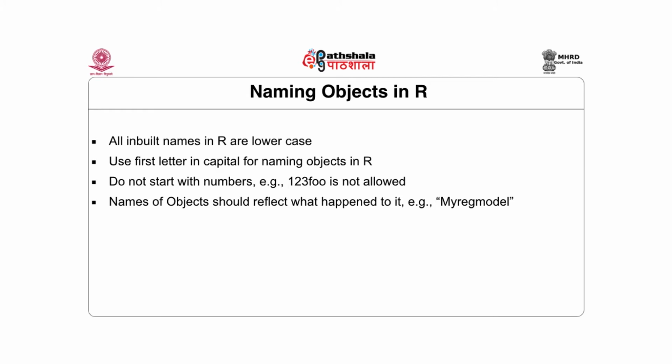Okay, if you're describing some data, write like my data or the data or this data, because that's the nature of that particular object. So either nature or whatever it's going to happen to those things. Do not start a name with numbers. So if you want to name an object, do not start a name with a number like 1, 2, 3, foo, for example here. Do not write anything like this. Okay, so that's number one.